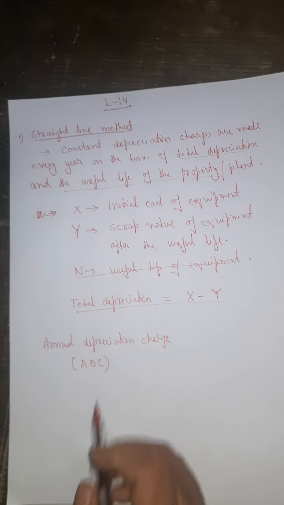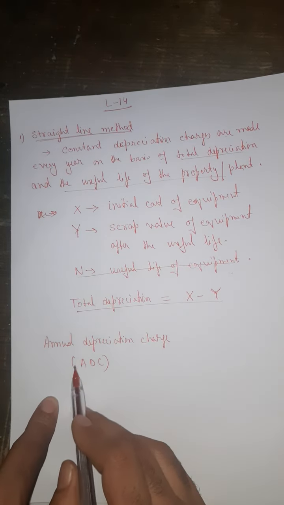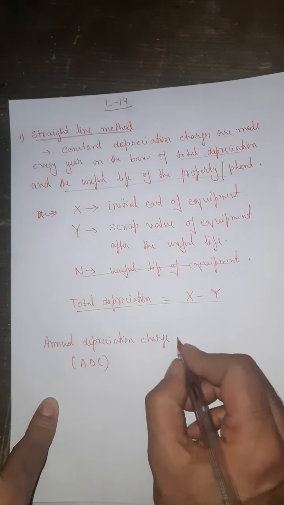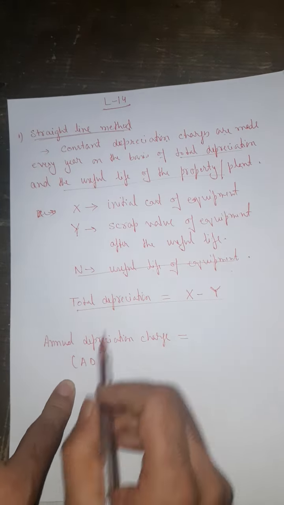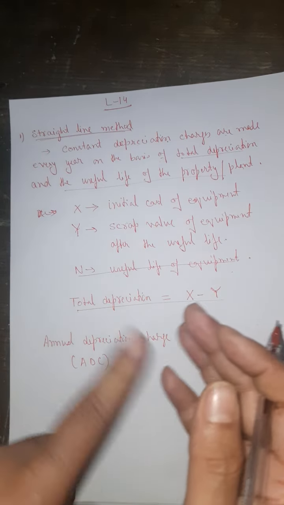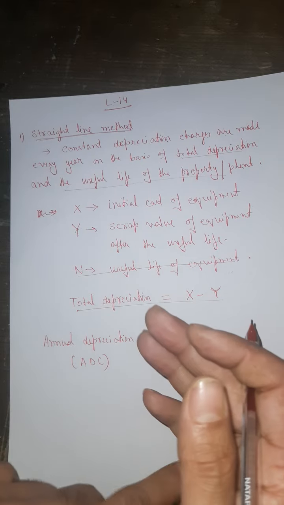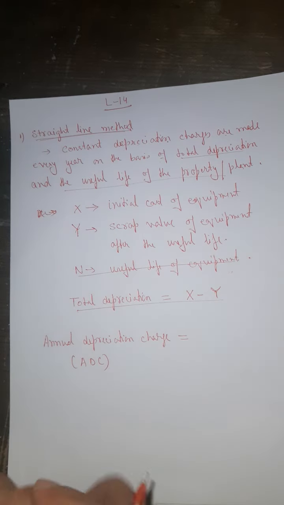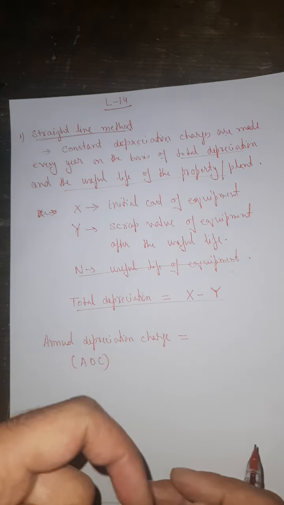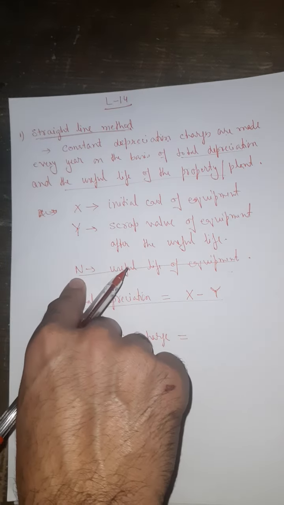This is not analog to digital converter. Constant charges are made each year. Whatever the depreciation charge during the first year, the same will be the charge during the second year, and the same during the nth year.